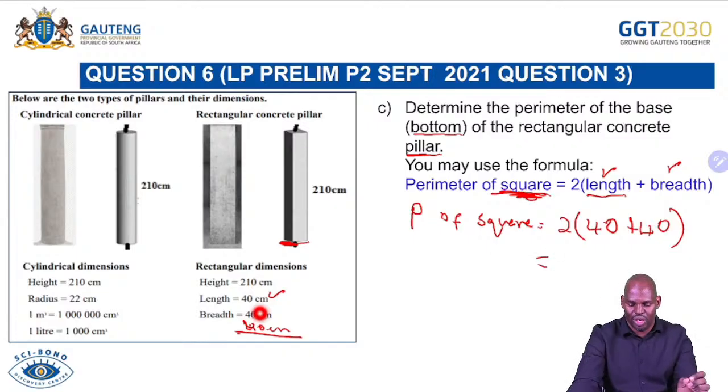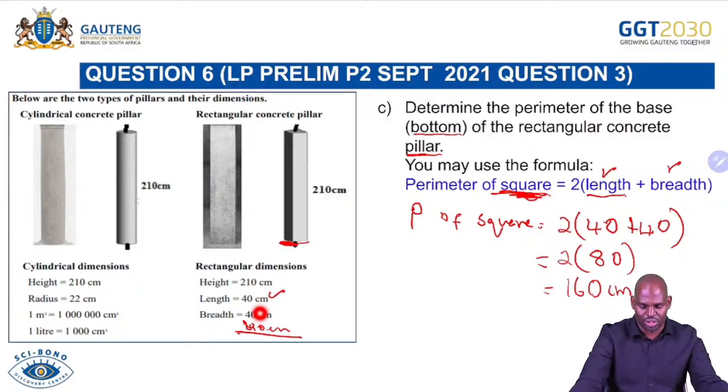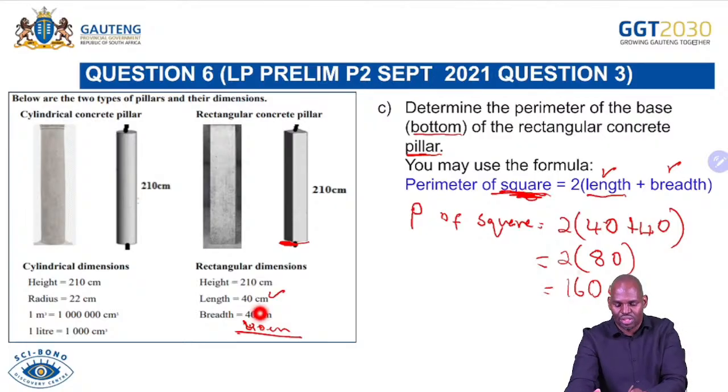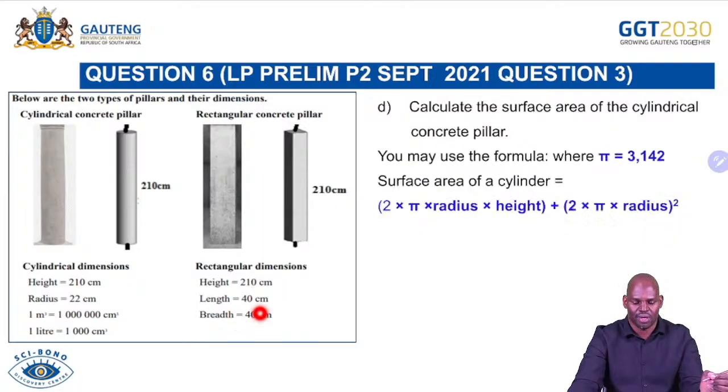Then when you add, you get 2 open bracket, and it's 80. Then you get 160 centimeters. Both the length and the breadth are in the same unit, so in the end the answer is 160 centimeters. So that is the answer for question 6C.